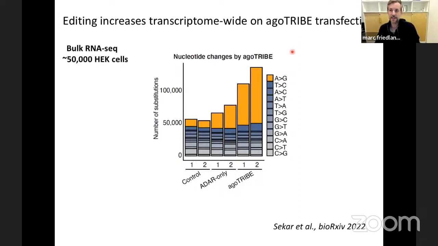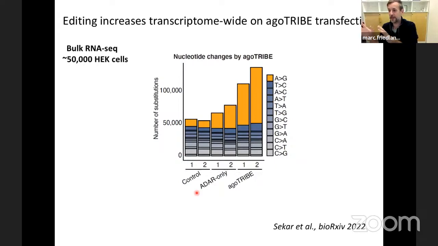But we think that our fusion protein should then be doing these A to G conversions. So do we actually see this? We did RNA sequencing on 50,000 HEK cells. And you can see here the 12 different types of nucleotide conversions that exist. And most of them stay very constant. We have here controls, some pretty strong controls, which is the ADAR only. So this is basically only the ADAR deaminase domain, but without Argonaute and without microRNA.